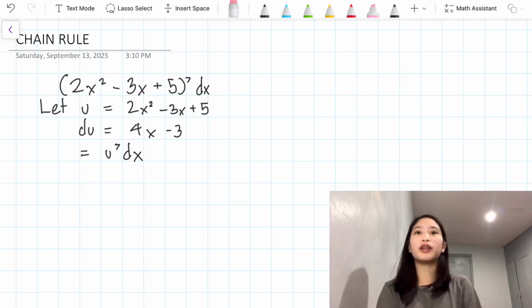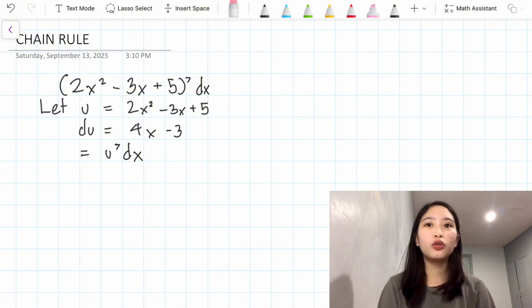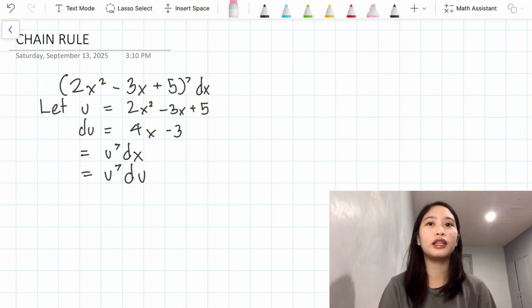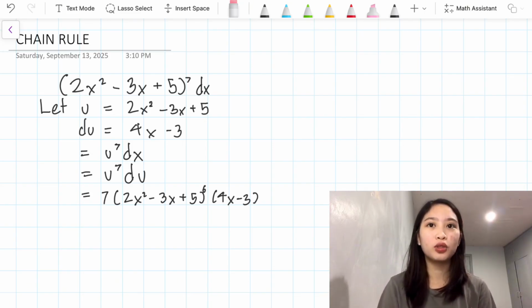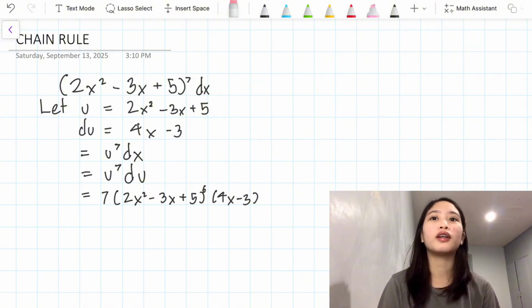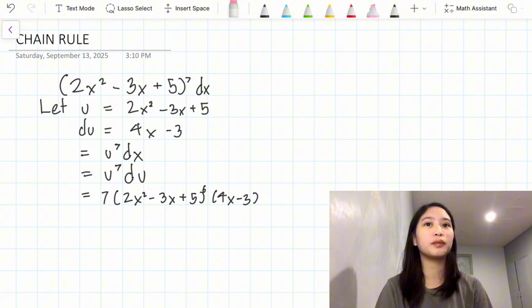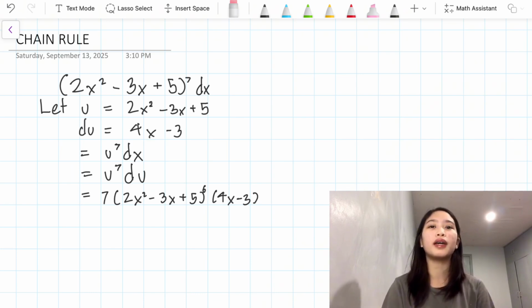The third step is we write it as u raised to 7 dx.